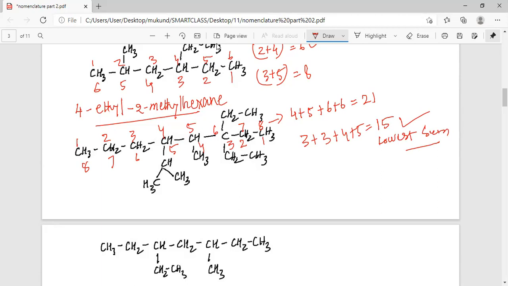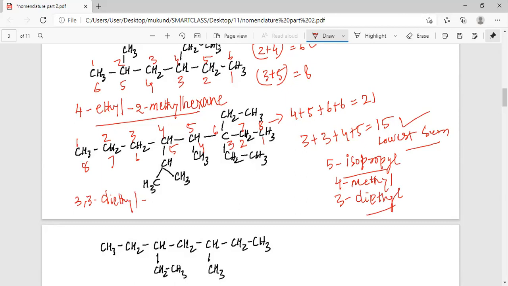Now you can see that on the fifth carbon we have isopropyl. So on the fifth carbon we have isopropyl group, and then on fourth carbon we have methyl, and then my dear students on third carbon we have diethyl. So this is how, my dear students, we can write the name. We can start with the third carbon, so we can write it as 3,3-diethyl.